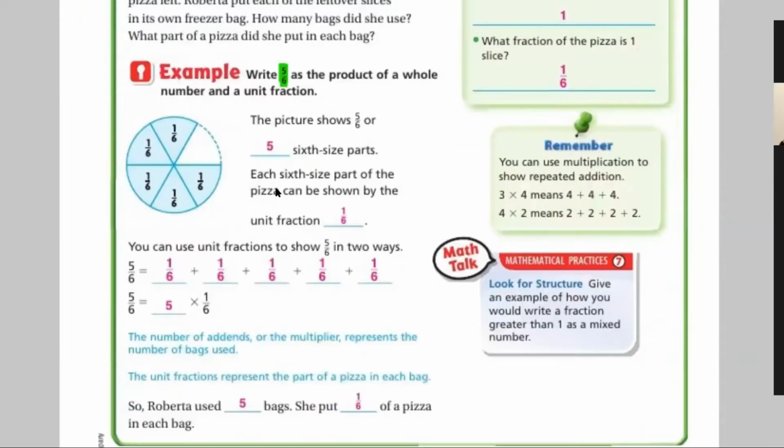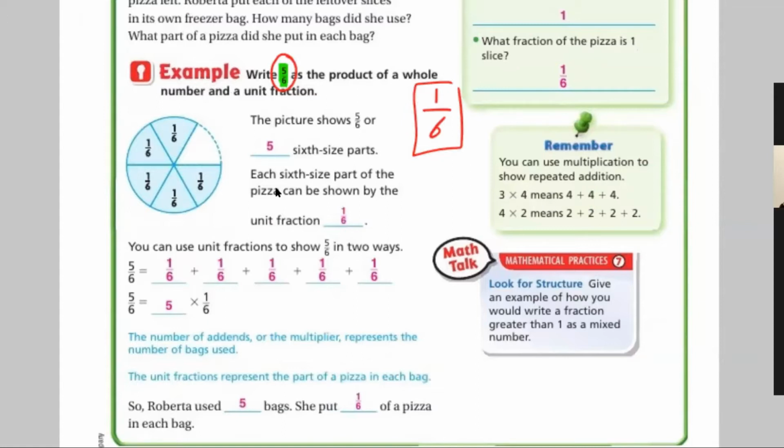As we all know, the unit fraction means 1 over the denominator. So the unit fraction of 5 over 6 is 1 over the denominator, which is 6 in this case. So that's the unit fraction.